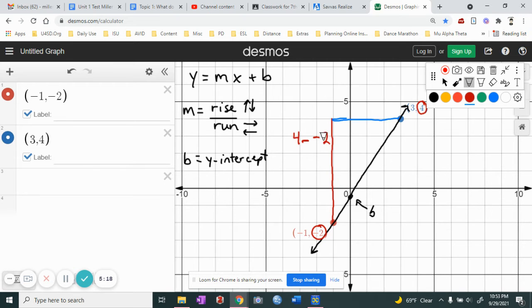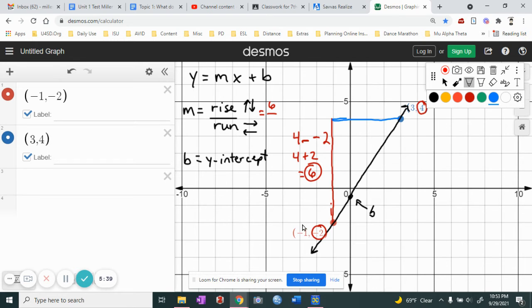So 4 minus negative 2 is 4 plus 2, because a double negative becomes a positive. This gives me a rise of 6. 1, 2, 3, 4, 5, 6. So my rise is 6.